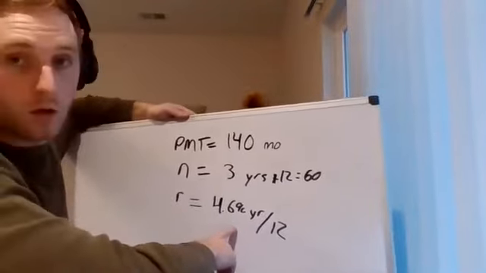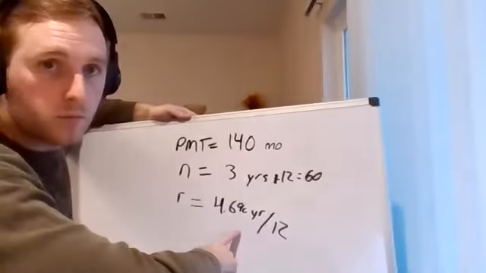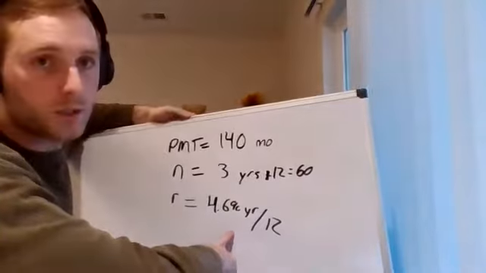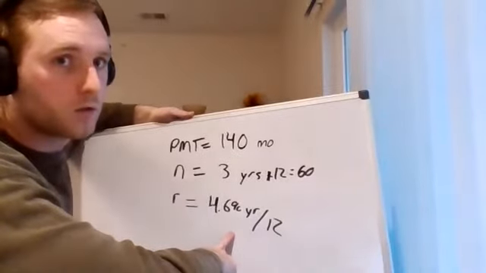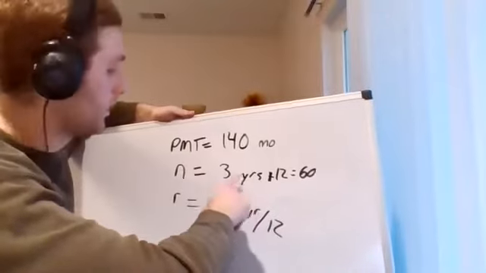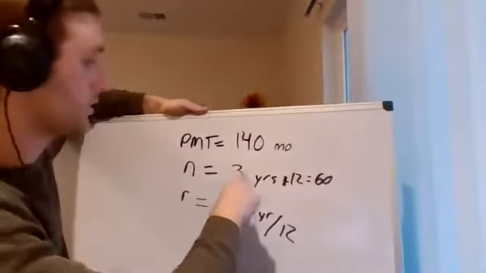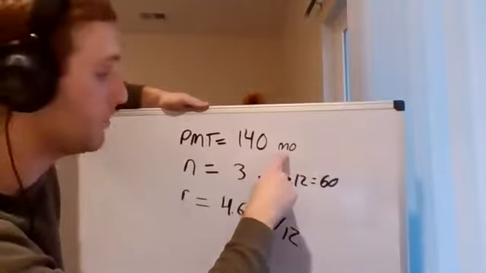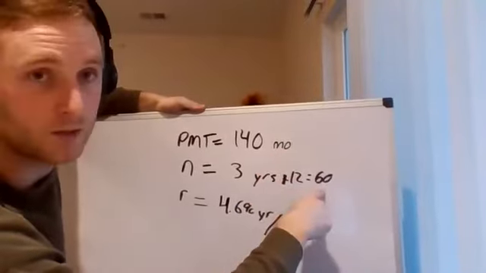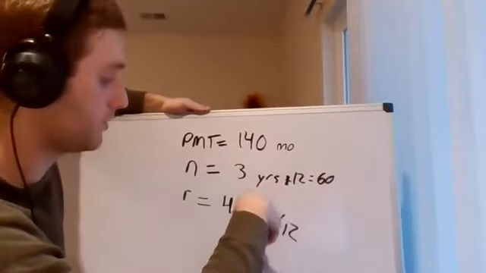10 times 12, 36. Shouldn't the end be 36? Yeah, this is number 36. Oh, it says 60. No, sorry, the number. shouldn't be Yeah. 30. So it tells us 3 years, but our payment is in month. So we have to figure out monthly. So we have to convert these 2 units.